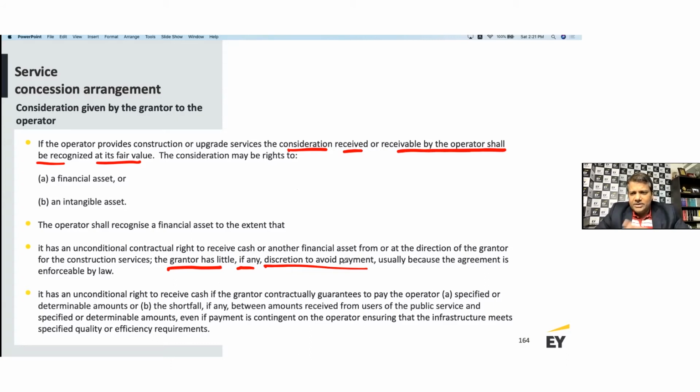All right. So whether you follow a financial asset model or an intangible asset model depends upon how much is the commitment made by the grantor.